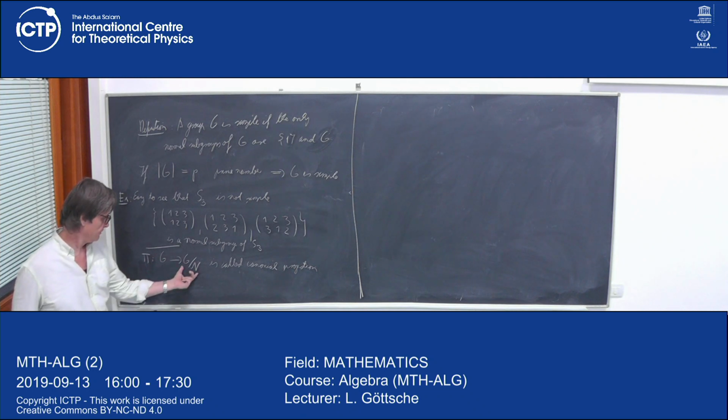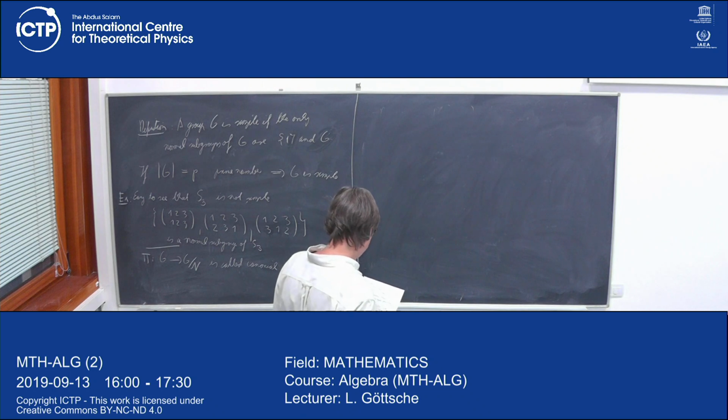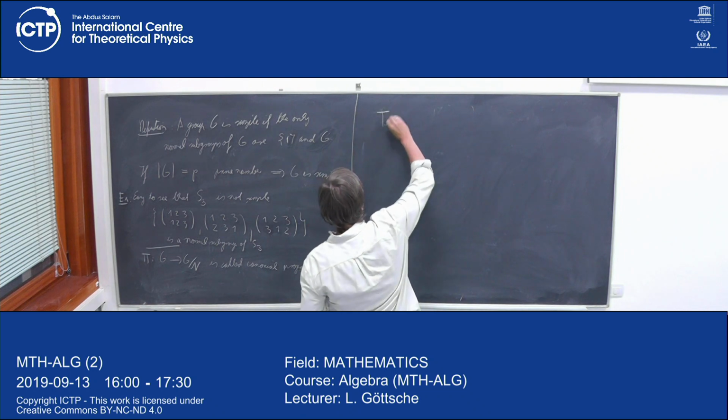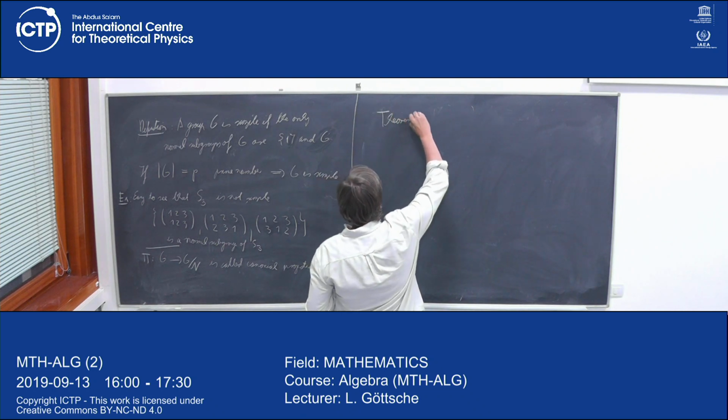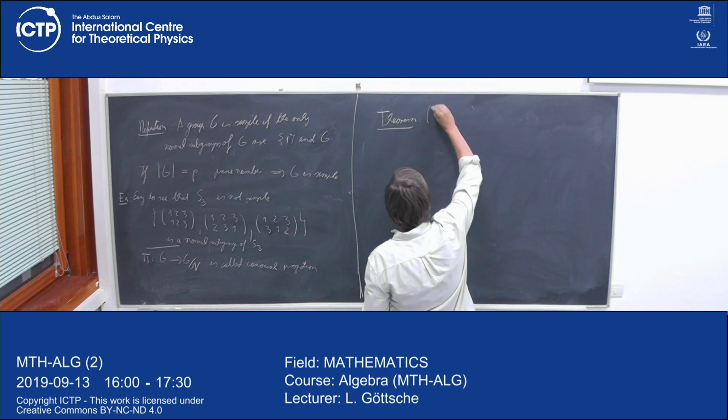So the group to which it maps, the image, is isomorphic to G modulo a normal subgroup, and this is what I call the homomorphism theorem. I don't know, it may have other names. I call it a theorem, although it's quite easy, but we will use it many times.